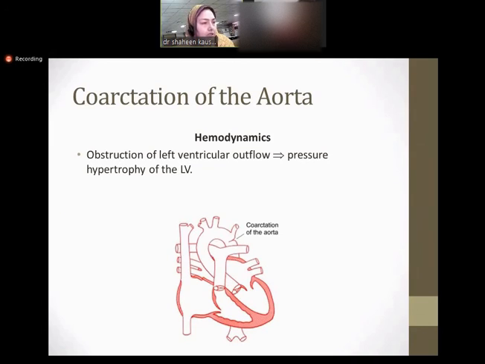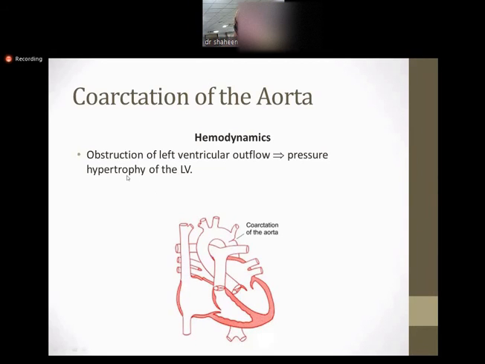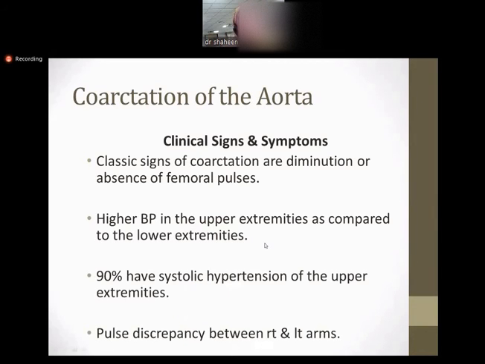Hemodynamic abnormalities: obstruction of left ventricular outflow, increased pressure, and hypertrophy of the left ventricle. As there is an outflow obstruction here, there is increased pressure in the left ventricle, but the left ventricle has to exert more force to push out the blood, so it's a left ventricular hypertrophy, and in later stages there is a failure.